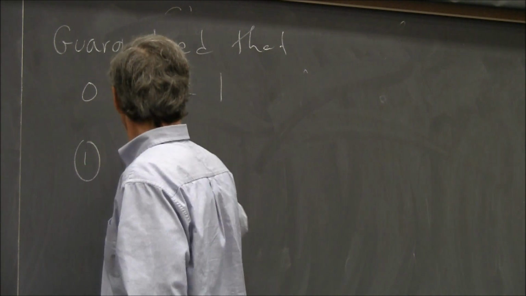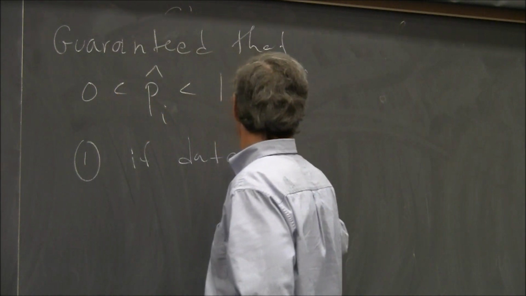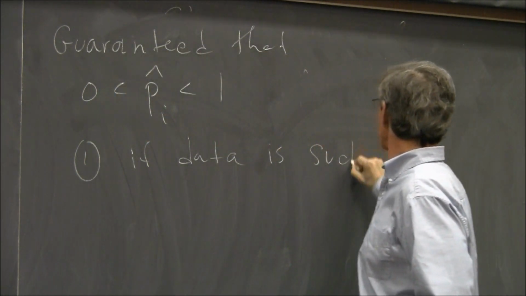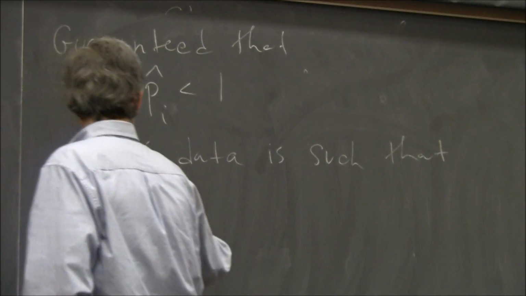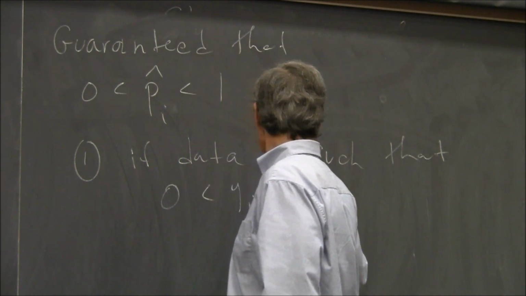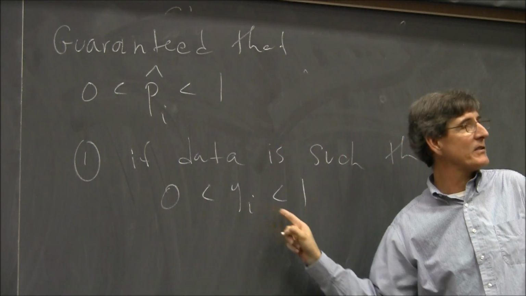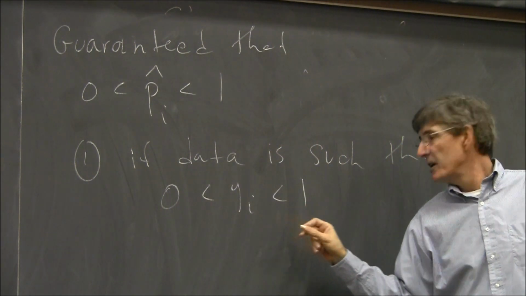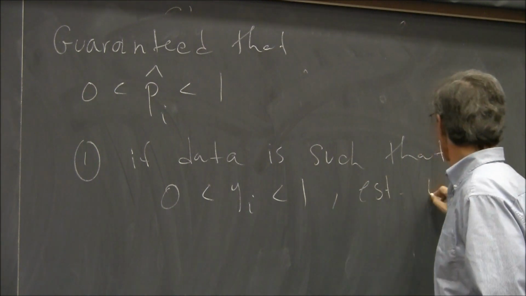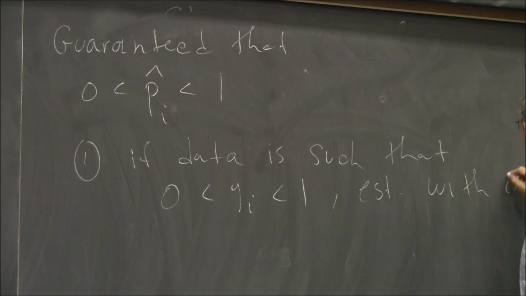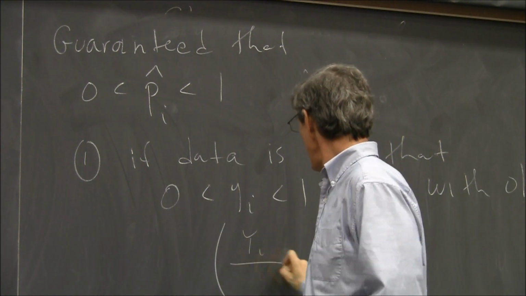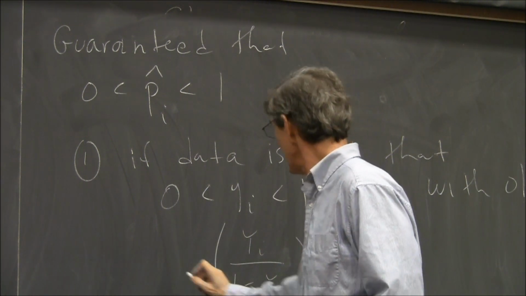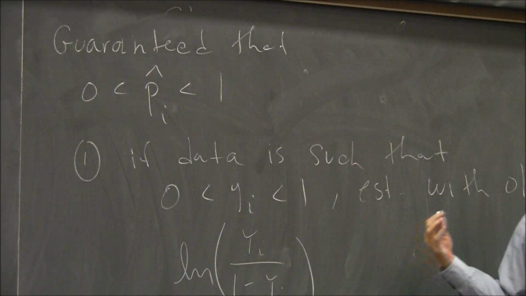One, if the data is such that 0 is less than yi is less than 1, and it's important I don't have equals on either side, you can estimate with OLS. Your left-hand side variable is just the log of yi over 1 minus yi. That's an estimate of the probability.